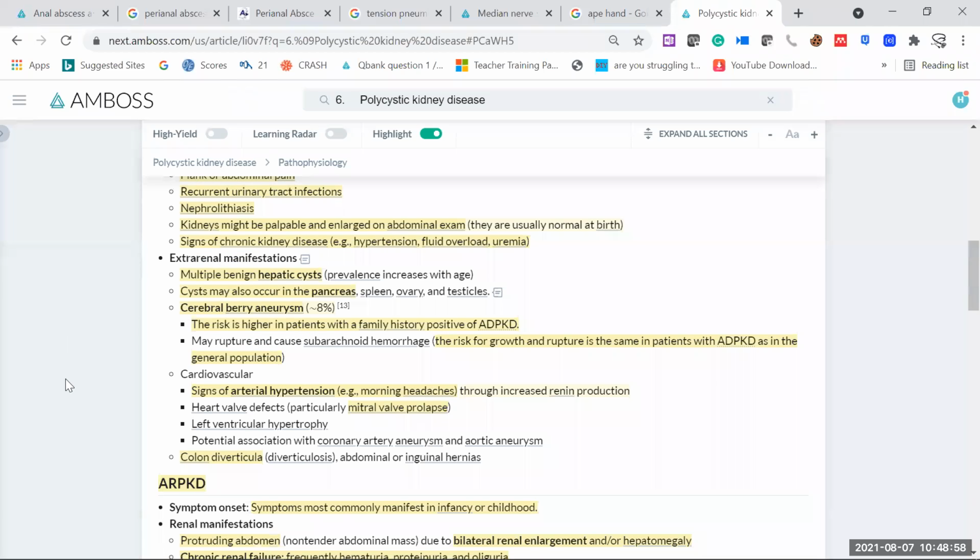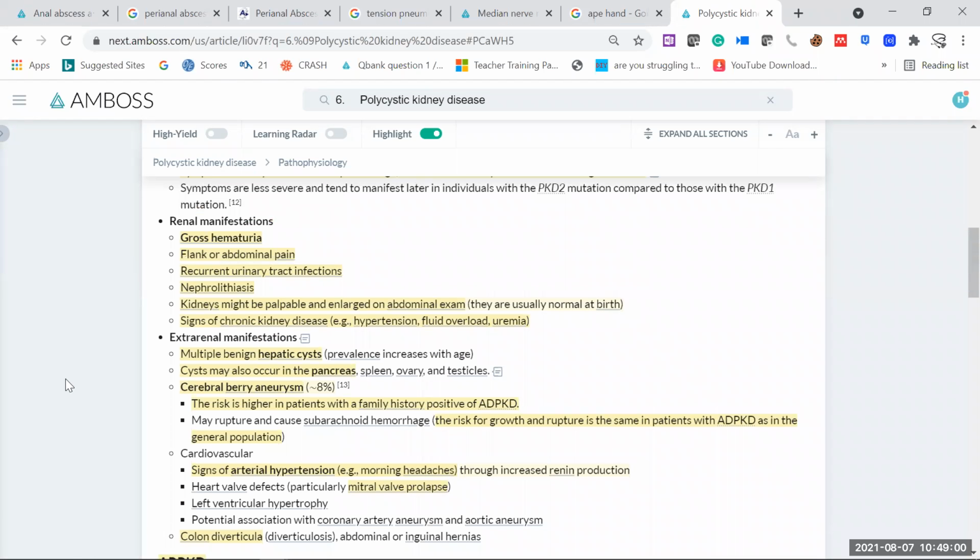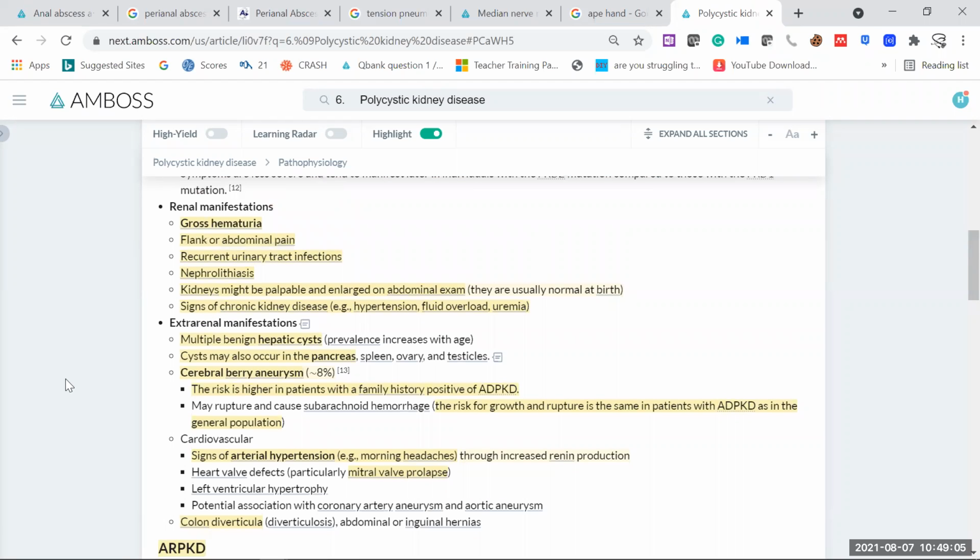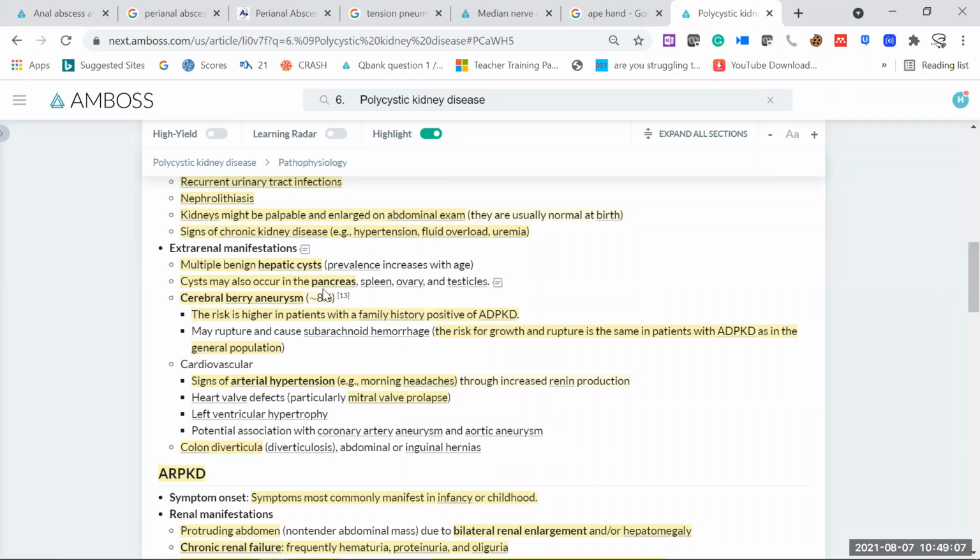Now, for extrarenal manifestations: not only the kidneys are going to be involved, but sometimes you will see some extrarenal manifestations in these patients. For example, in combination with the renal cysts, these patients can have hepatic cysts as well, or cysts in the pancreas, spleen, ovary, and testes. So there's a kind of syndromic activity.